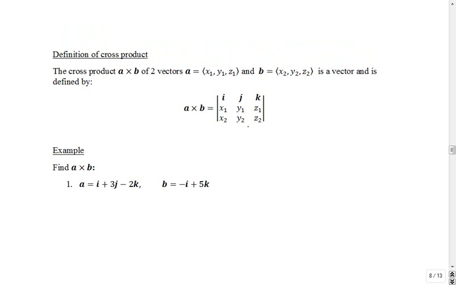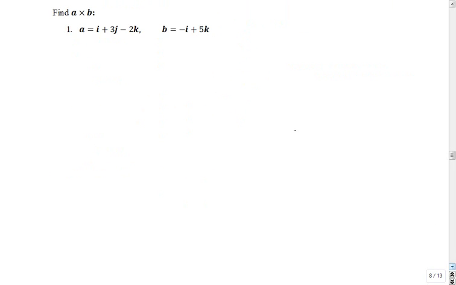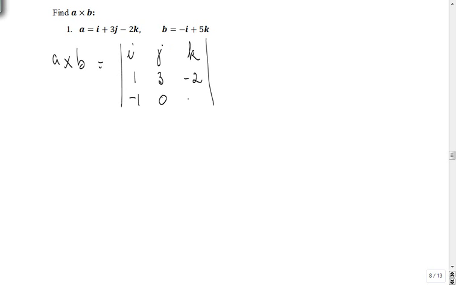So let's do some examples. Find A cross B. Let's set this up. So A cross B is equal to the determinant. You put your I, J, and K, and then put the coefficients of A on the next line: 1, 3, minus 2. Coefficients of B: minus 1, there is no J, so put a 0, and put a 5.